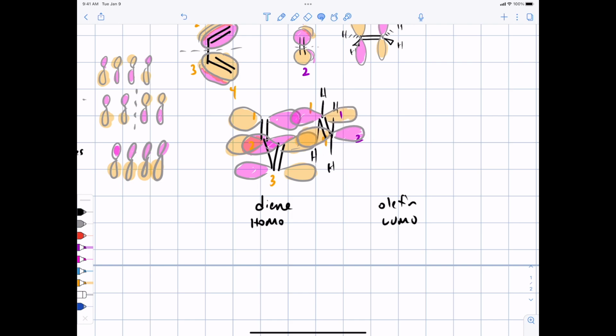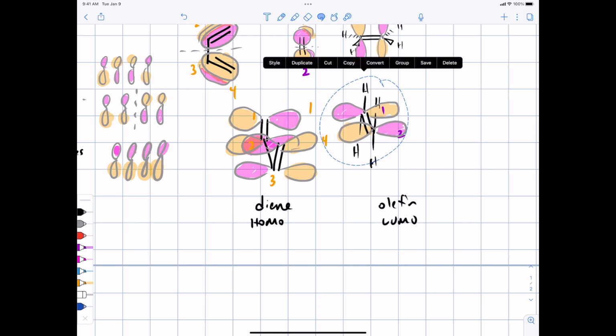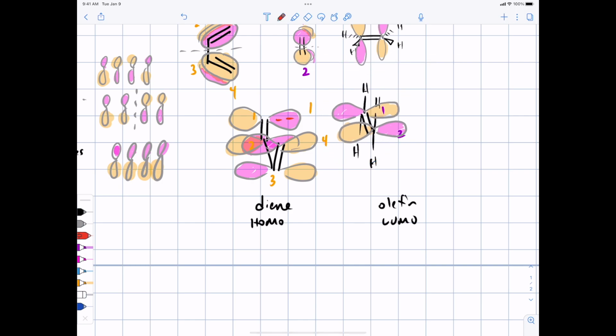And what do you see there? Perfect orbital overlap in phase with direct wave function sign, okay? Kind of nice. So this is how the bond forming process happens. I'm going to draw dotted lines to indicate the bonds that are forming.